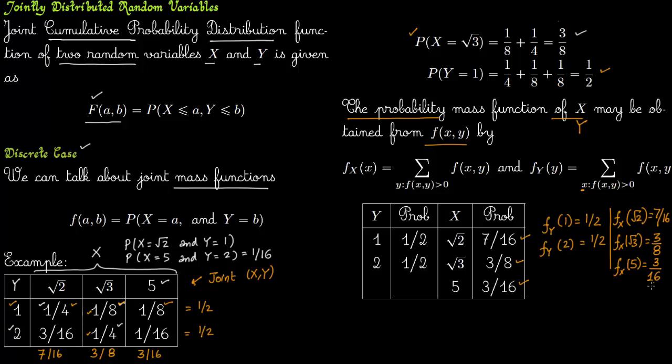If you add all these three values up, you will again get 1. So we have been able to obtain the individual mass functions of random variables x and y from the joint mass function of x and y.